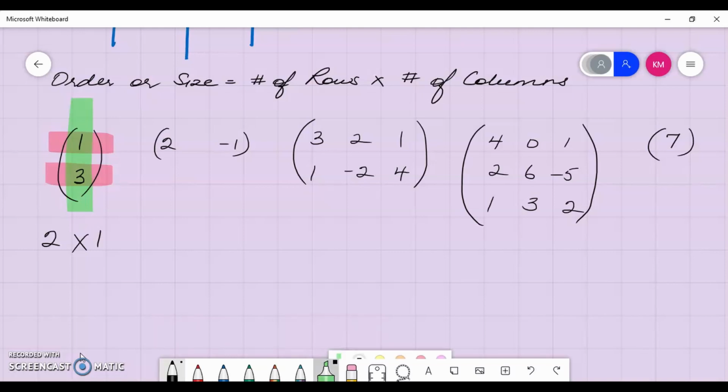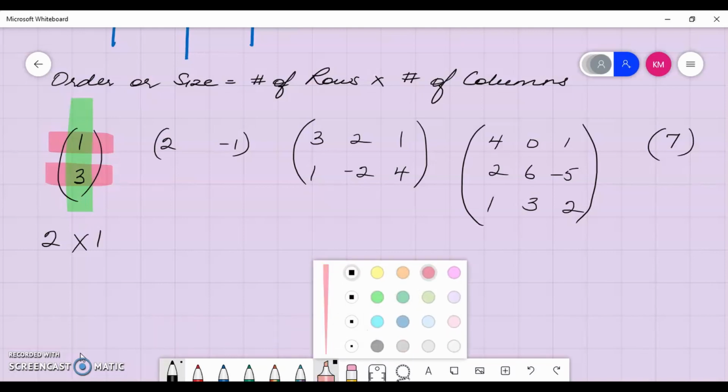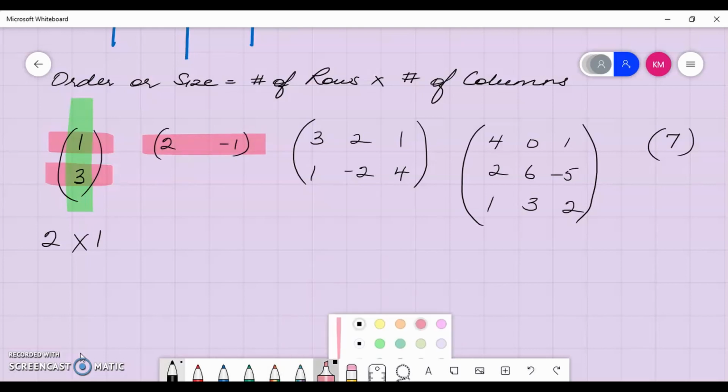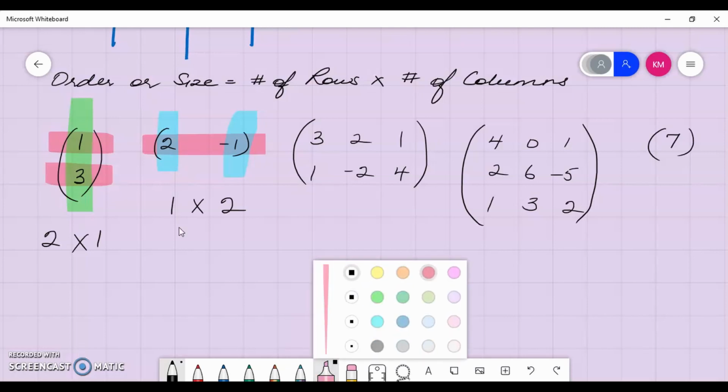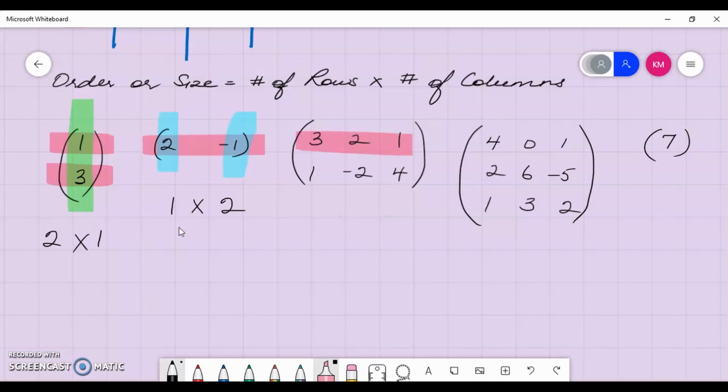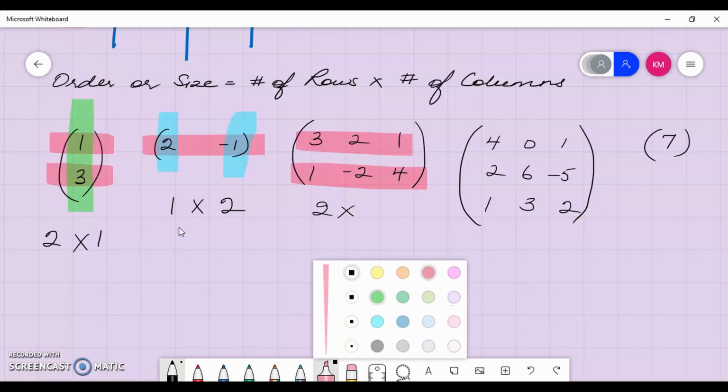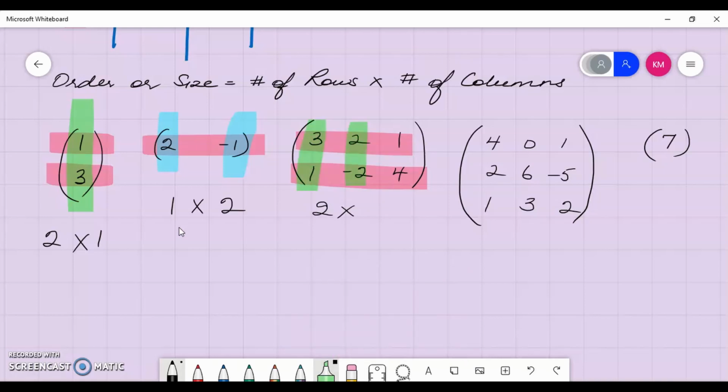Here now, the second one, you have 1 row and 2 columns. So the order of this matrix is a 1 by 2. Next, we have 2 rows and 3 columns. 1, 2, 3. So this here is a 2 by 3 matrix.